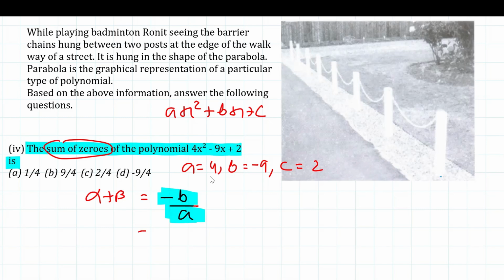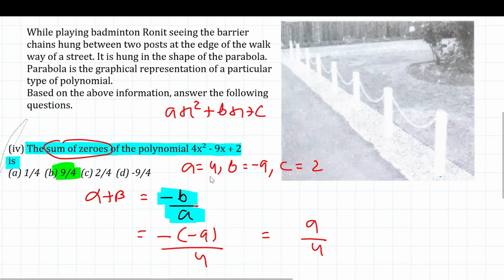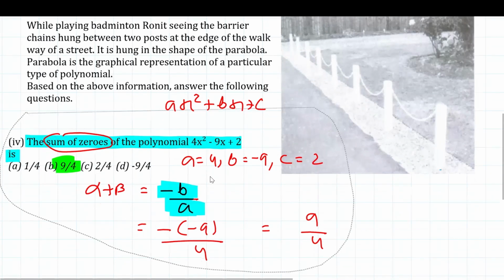So if I replace, this is minus over here, the b itself is negative 9, so there will be another negative sign, divided by a, and a is 4. So it comes out to be, minus into minus is plus, so it's 9 over 4. Yes, we have an option that is 9 over 4. That is B is the correct option in this case.